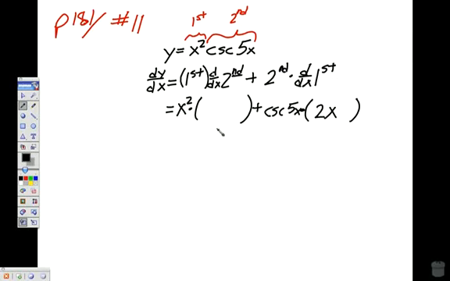The derivative of the second is the derivative of the cosecant of 5x. Okay, that one's a little trickier for a couple reasons. One, do you have the derivative of the cosecant memorized? If not, that's not a horrible thing to spend a little time getting down.